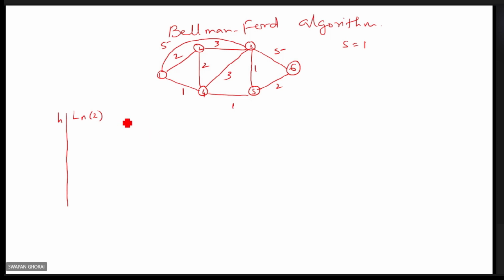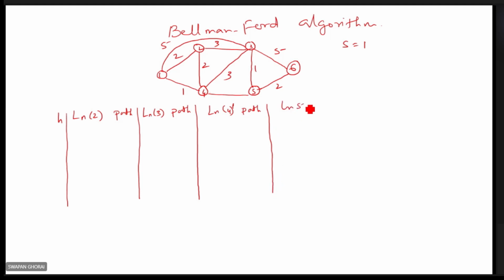So ln2, and next will be the path, this is 1 to 2, next will be ln3 path, next ln4 path, next ln5 path, and next ln6 path.